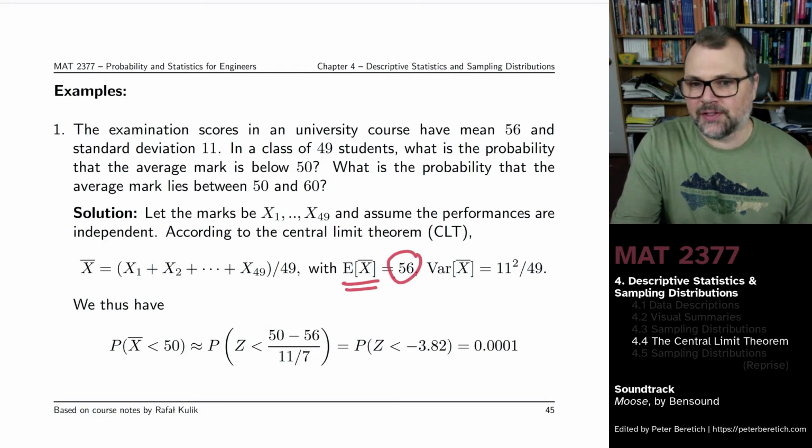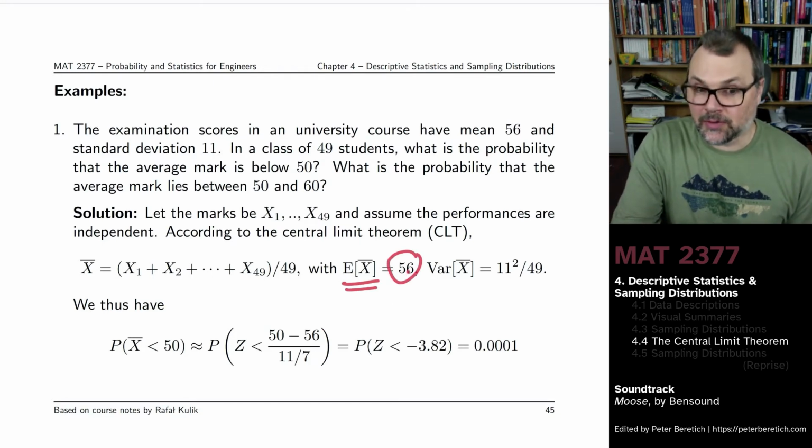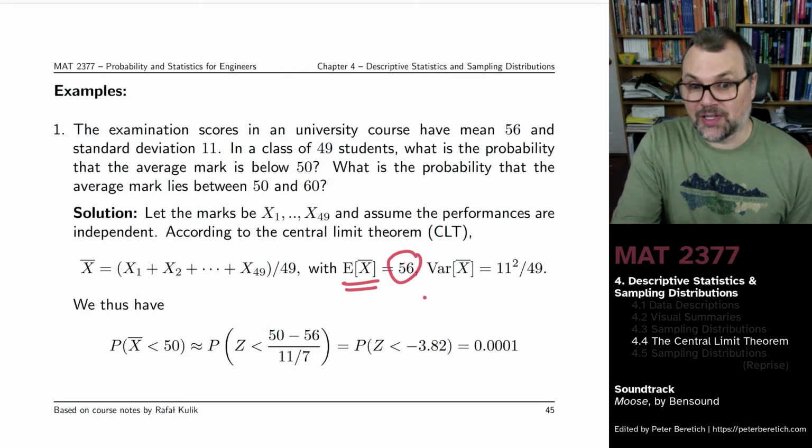It's 56. And when we talked about sampling distributions, we saw how to compute the variance of a sample mean, the variance of a sum, and in this case this would be sigma squared divided by n, so 11 squared over 49.